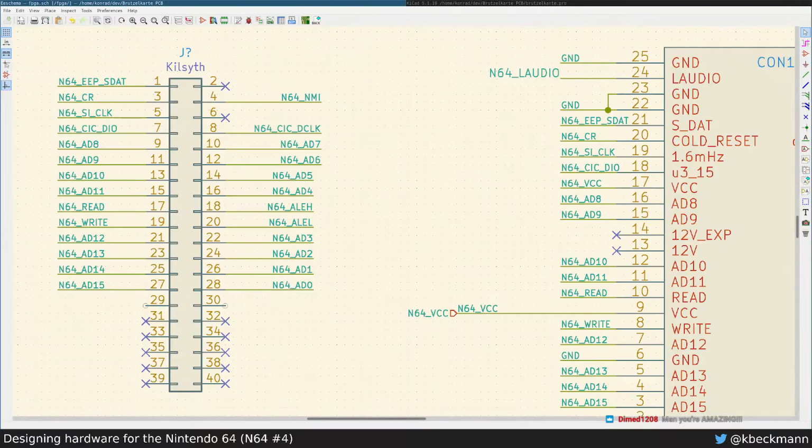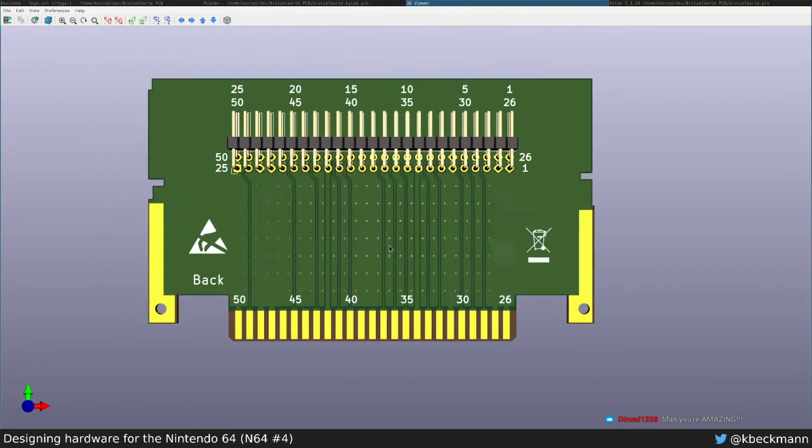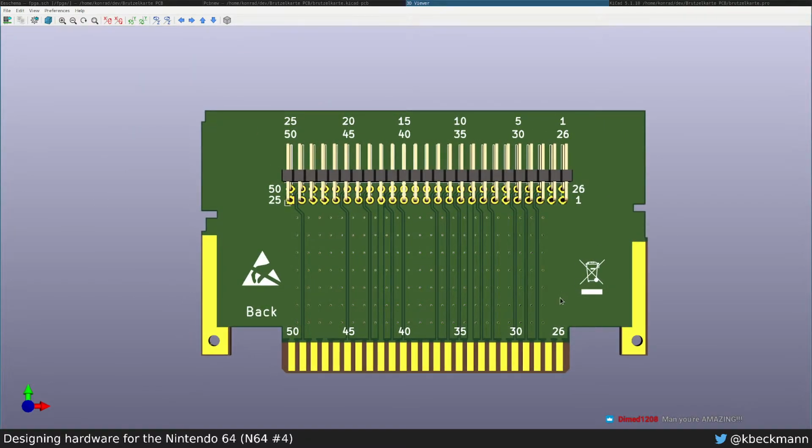A few days ago, or like last week, I made this really quick breakout board for the N64 cart. Because previously we were designing a full cart PCB with a ESP5 FPGA and a lot of stuff, and I kind of got bored of KiCading.